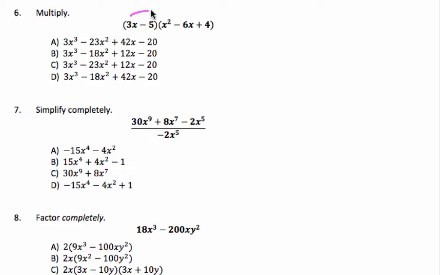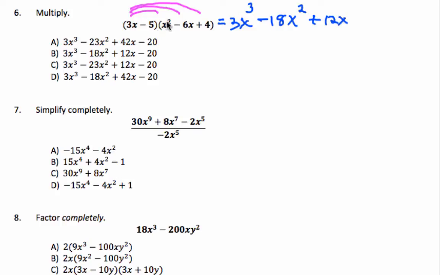So 3x times x squared equals 3x to the third power. 3x times negative 6x equals negative 18x squared. And 3x times positive 4 equals positive 12x.